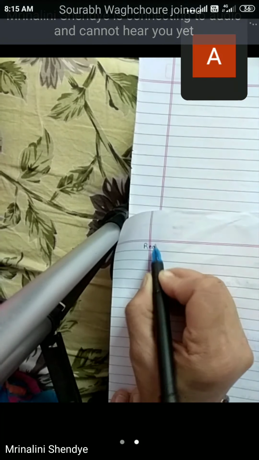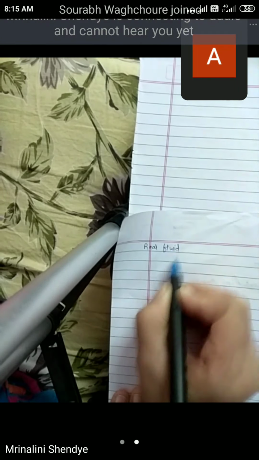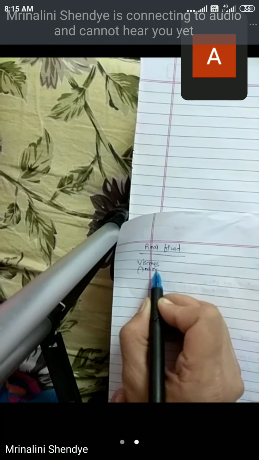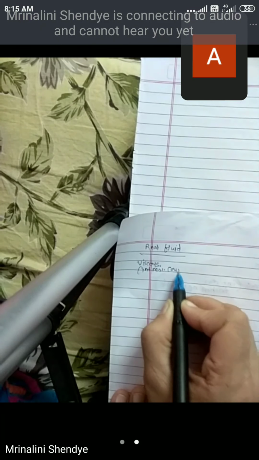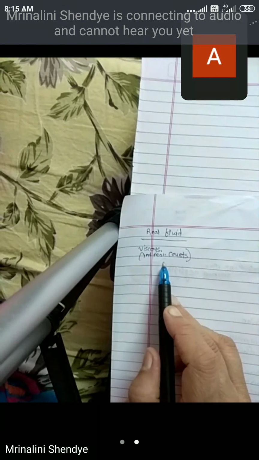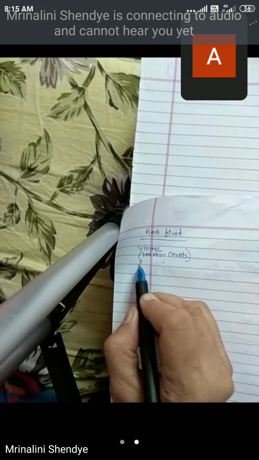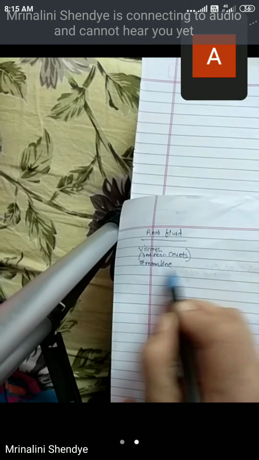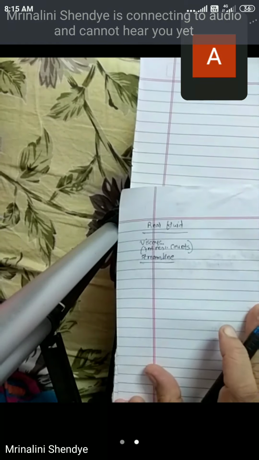So what happens in real fluid? It is viscous in nature, not non-viscous. Internal resistance counts. There is never a case of no internal friction. So in practice, when we come across real fluids, the characteristics of streamline we have to modify a little.